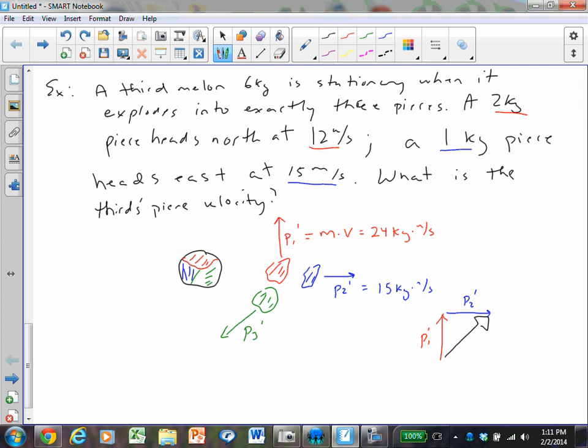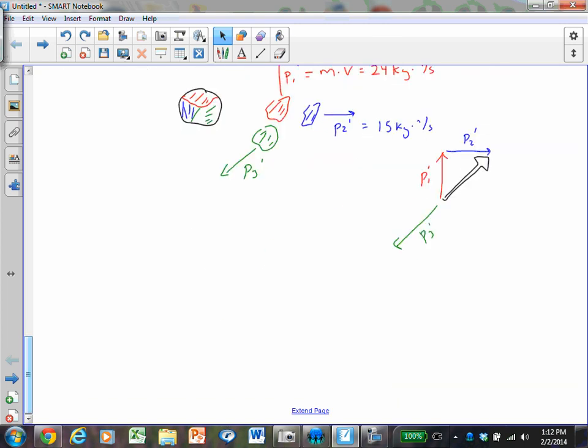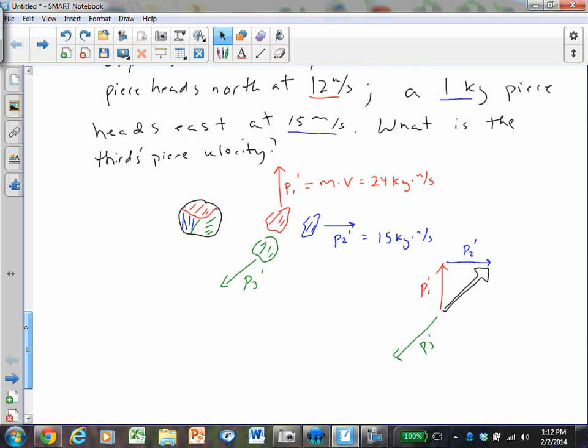And that must be equal and opposite to your P3 vector down like that. So at 180 degrees, and we call that the equilibrium of it. So the first step to define P3 is to first find the sum of P1 plus P2 vectors.